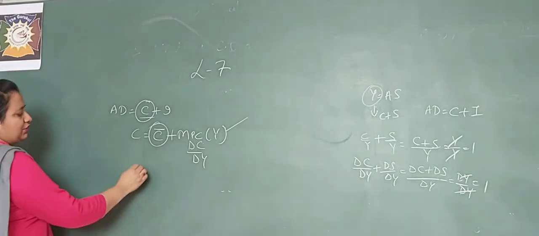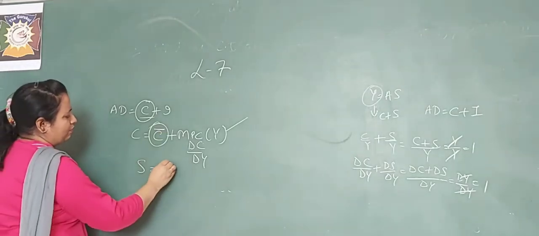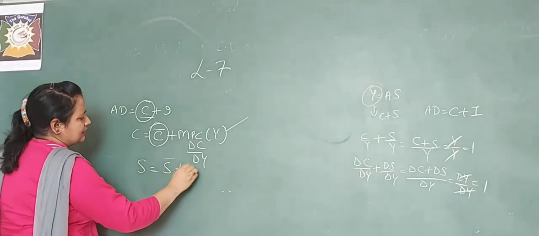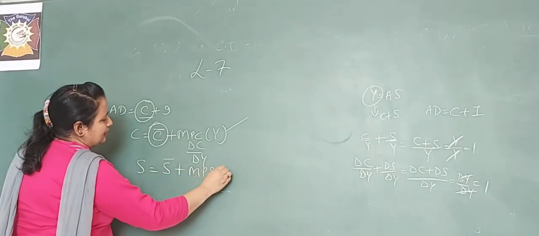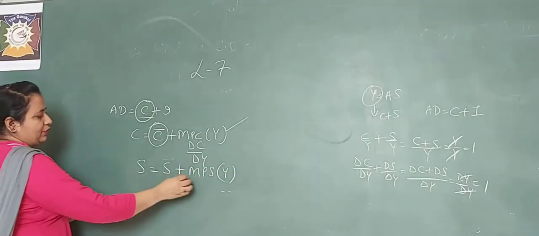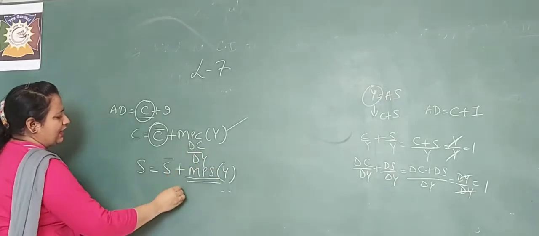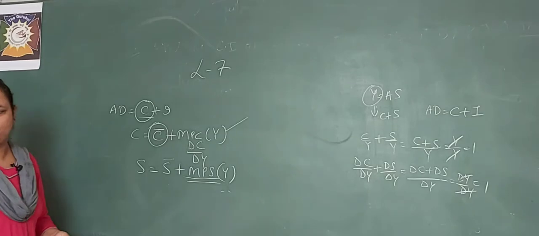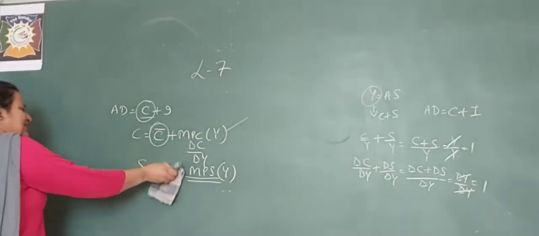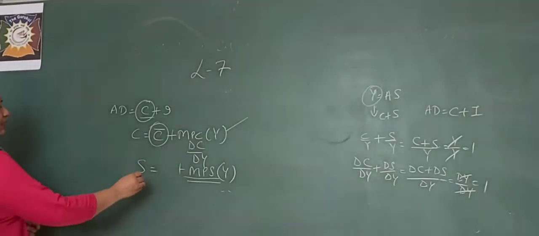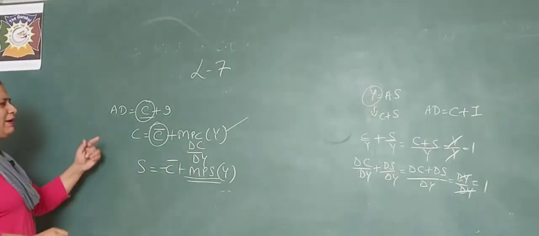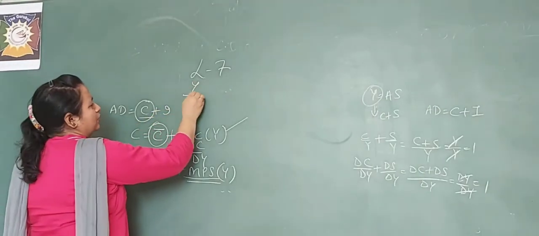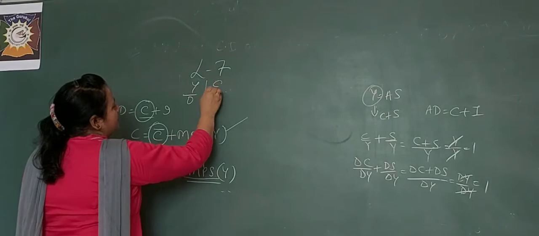And in the S function, the formula is S is equal to minus C bar plus MPS into Y. Earlier we wrote S bar, but now the rule has been changed, we write it like this, minus C bar. Minus C bar means when income is 0, consumption is 20.